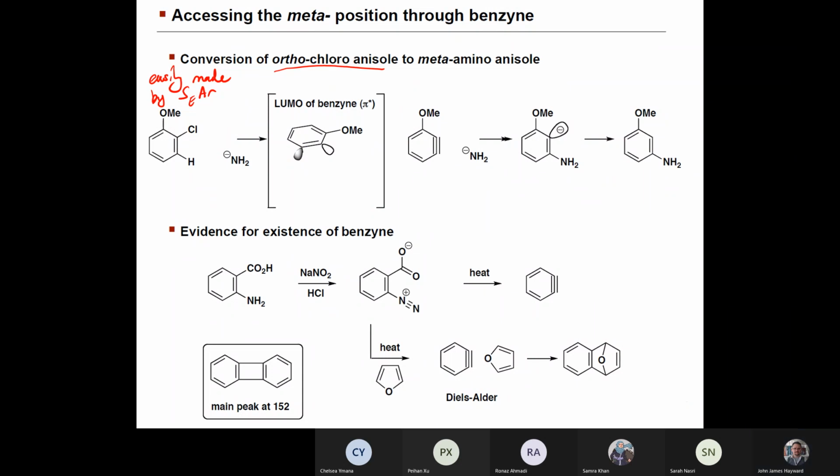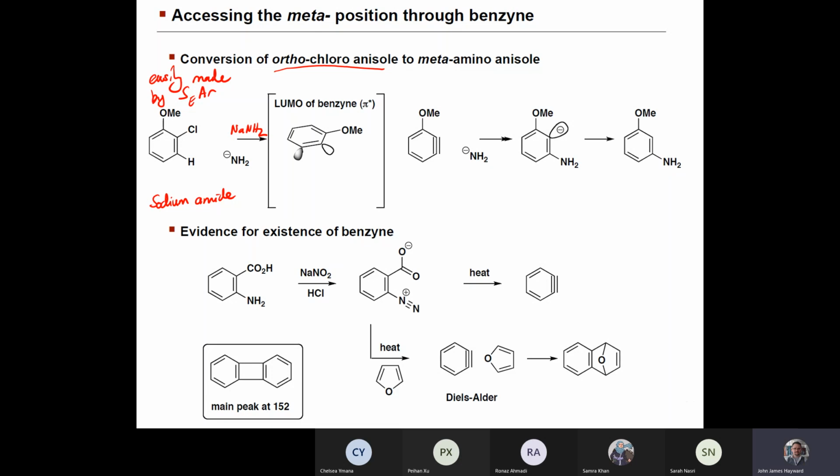So we need a strong base for benzyne formation, and the classic bases for this are actually amide bases. So this is sodium amide, NaNH2. You can buy sodium amide from Sigma Aldrich or other suppliers, of course, or you can dissolve sodium in liquid ammonia and wait a while.